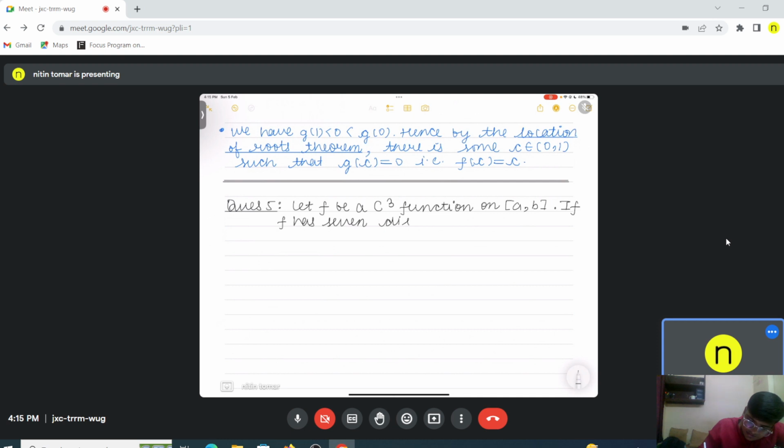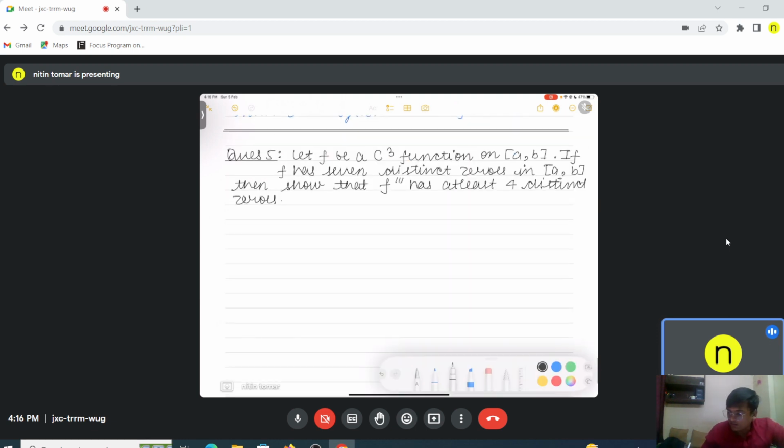If f has 7 distinct zeros in [a, b], then show that the third derivative of f has at least 4 distinct zeros.